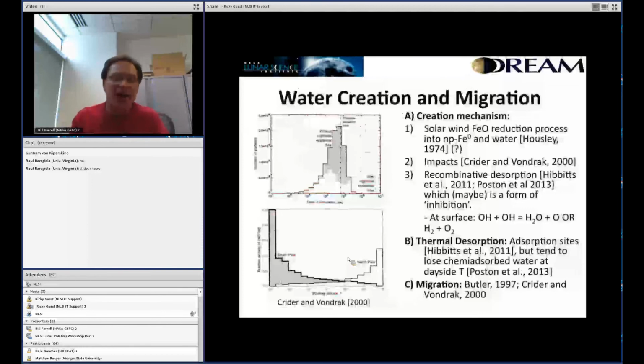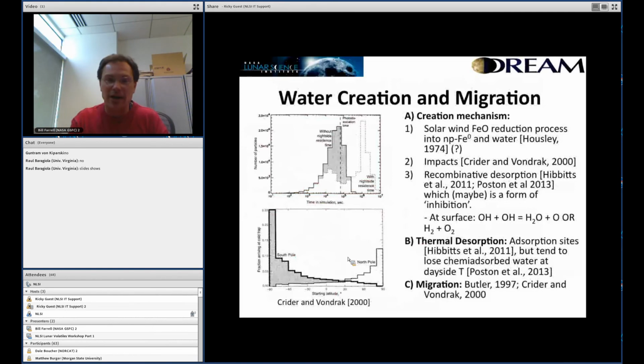So let's create water now. We've been talking about OHs and forming OHs. To create water takes, in some sense, another step. Maybe something like impacts. Maybe something like recombinative desorption has been discussed by the Georgia Tech group, which, as I mentioned before, may be a form of inhibition, where you have OHs and OHs on the surface to then make H2O.